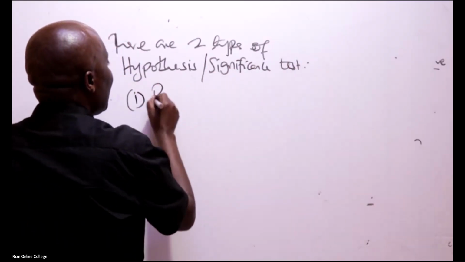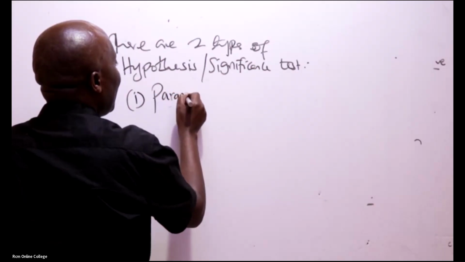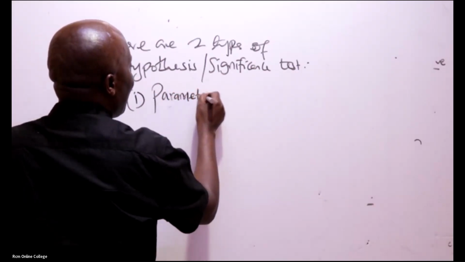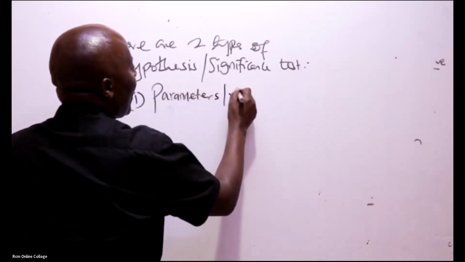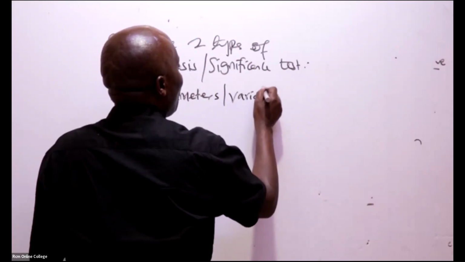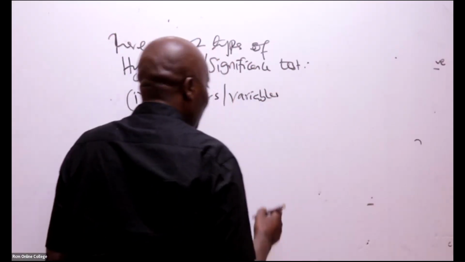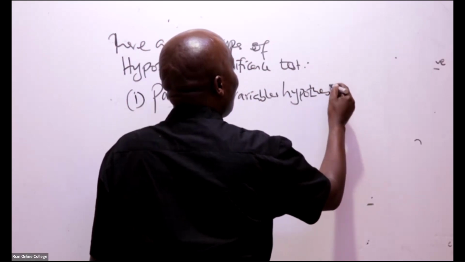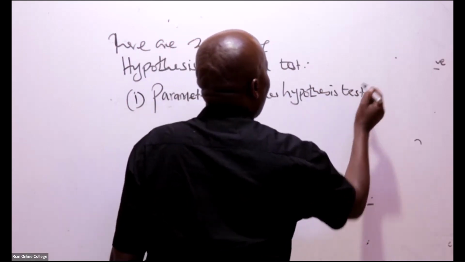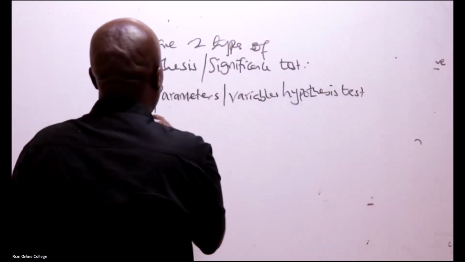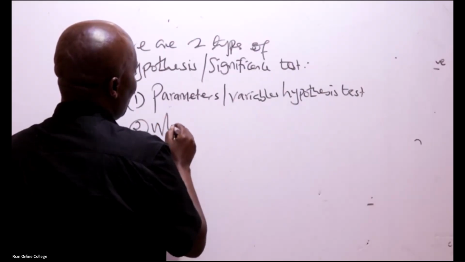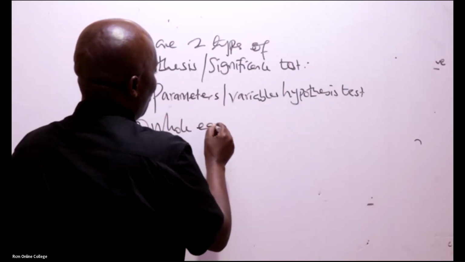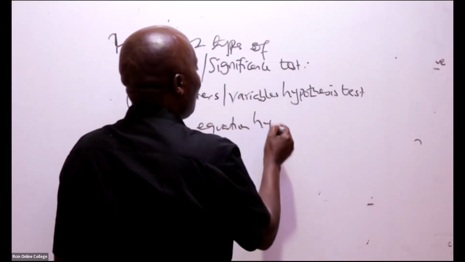So we have in this case here the parameters or variables hypothesis test. And then number 2, we have the whole equation hypothesis test.